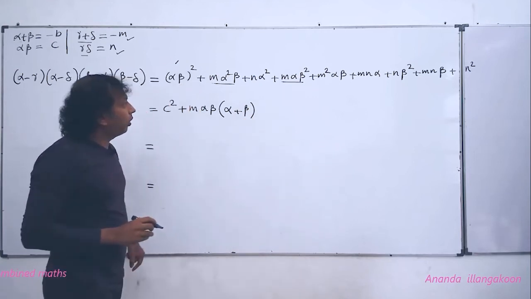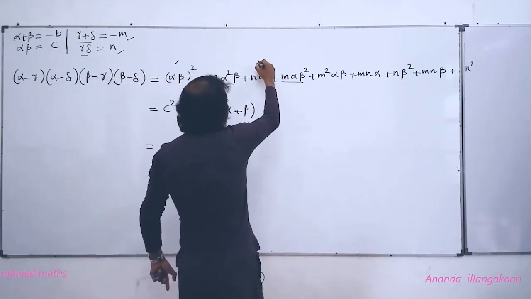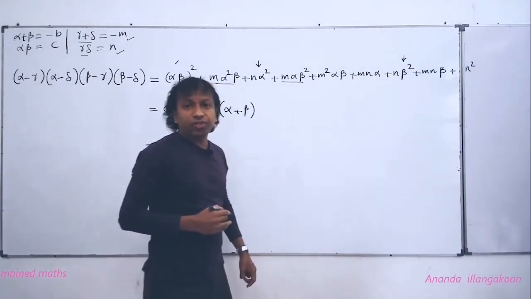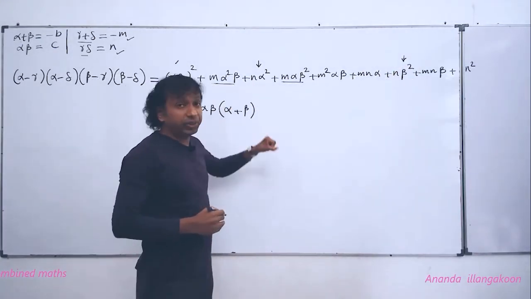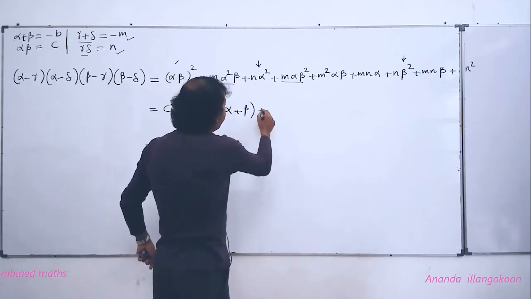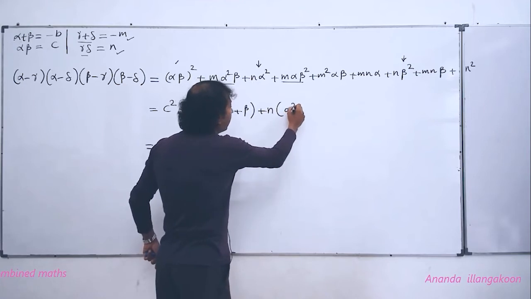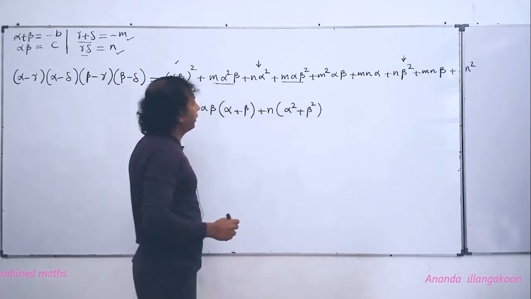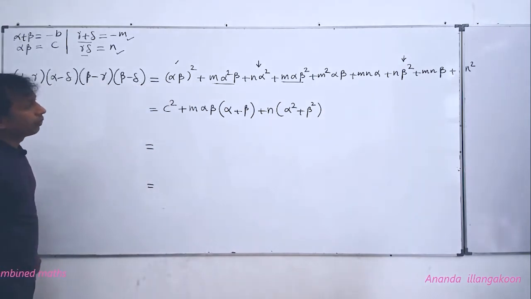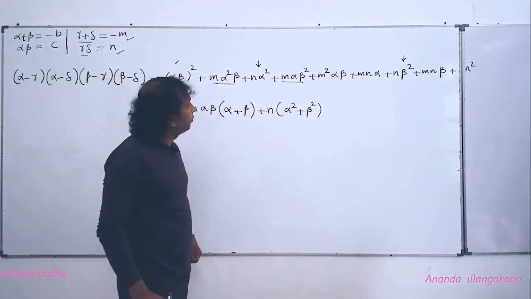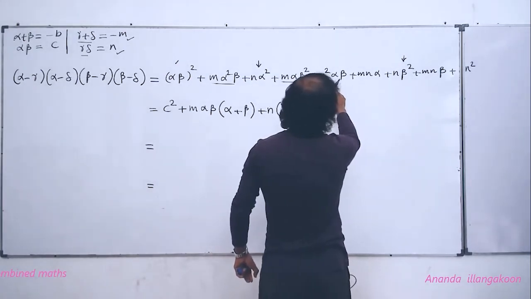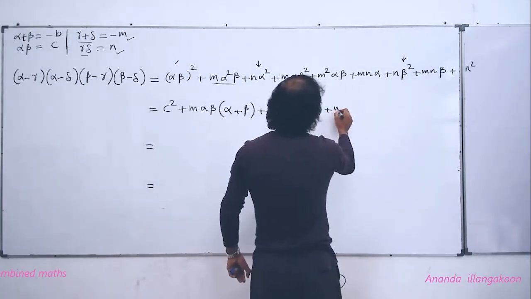Right. Now, people, we take this term and this term. What is common? Plus n is common. Take plus n out. Then we get alpha squared and over there beta squared. Okay. Now we'll write, people, here m squared.